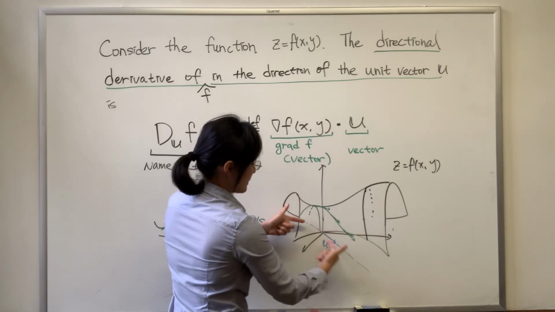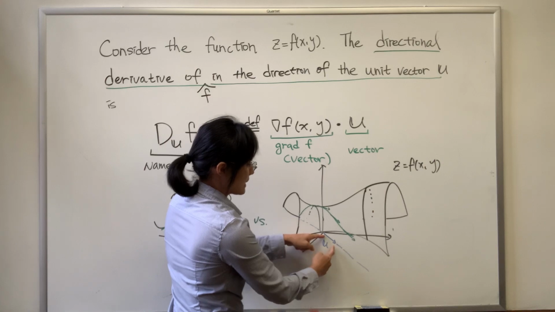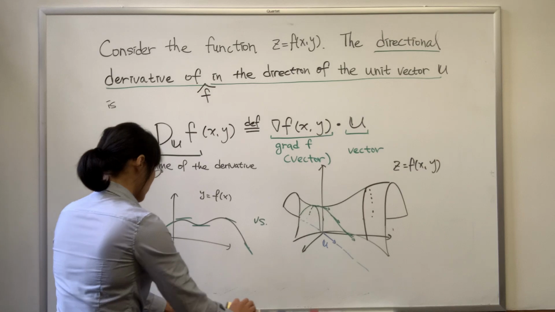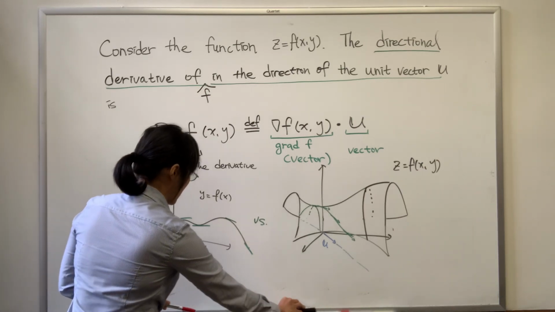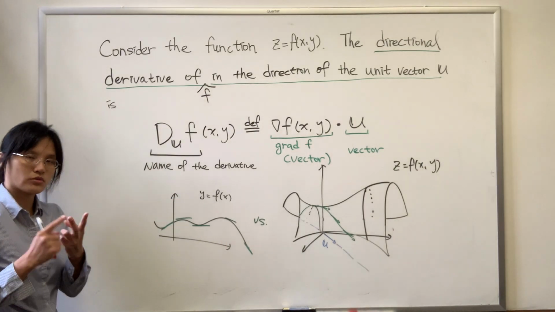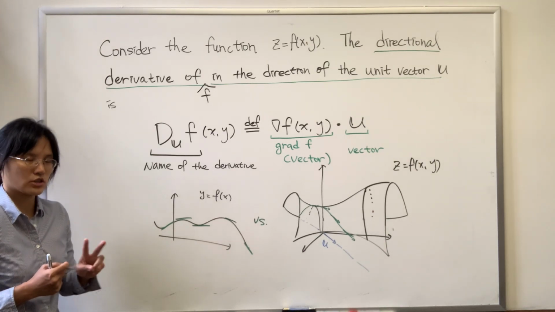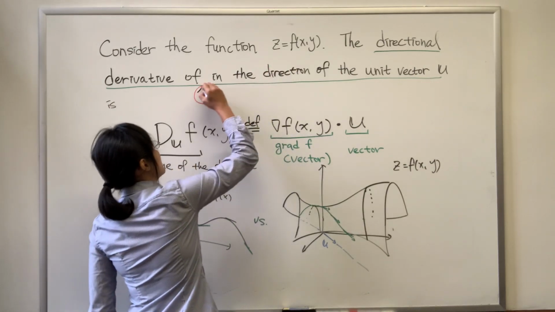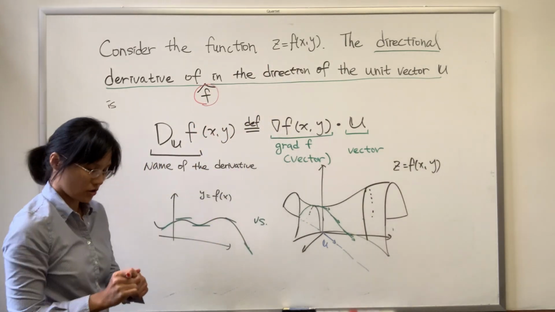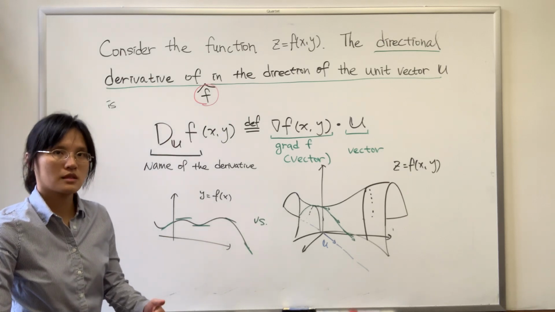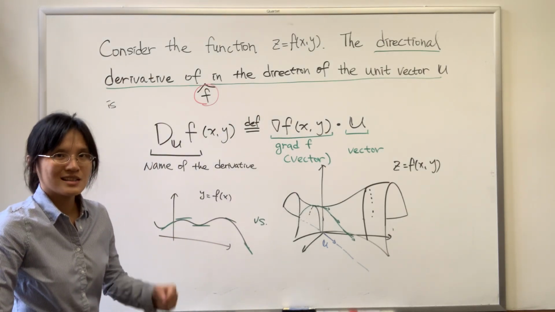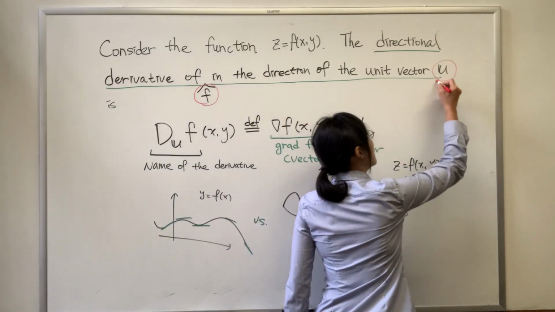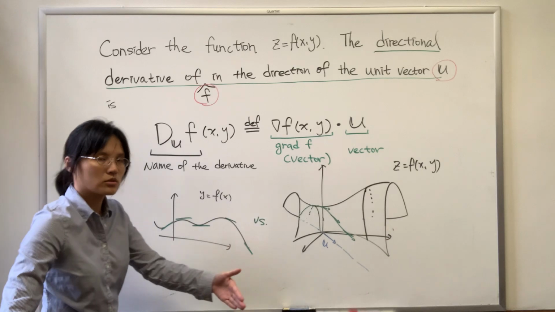And what is the line? That is the line determined by a given vector u. When we talk about the directional derivative, I always need to give you two ingredients, otherwise I cannot talk about it. First, you need to give me the function, so I know which function I'm working with. It's a derivative of which function. Second, you need to tell me which direction you are looking at.